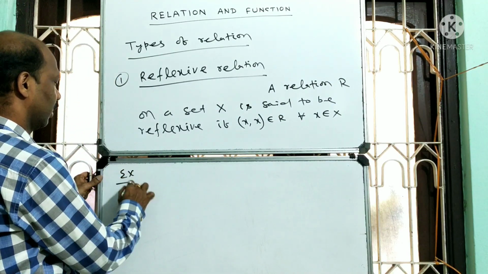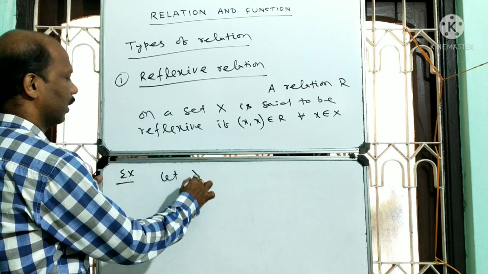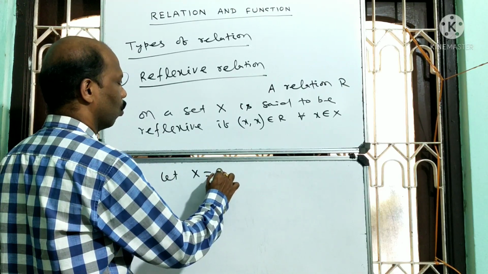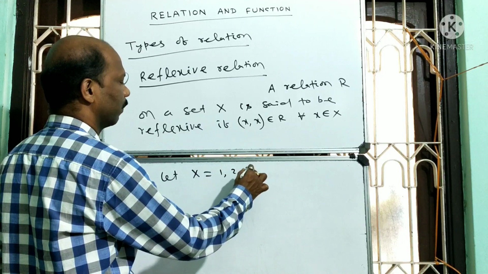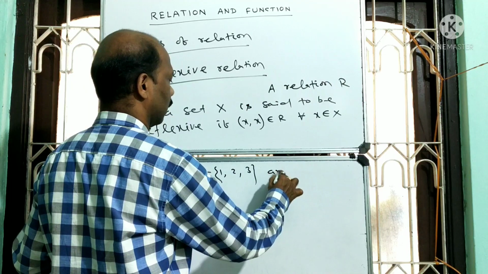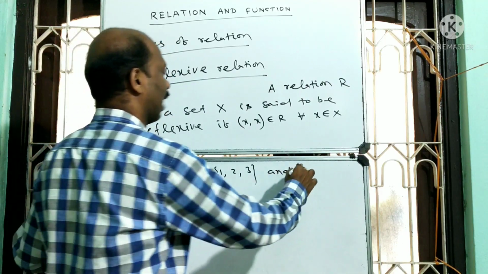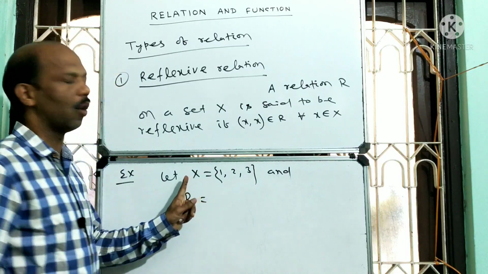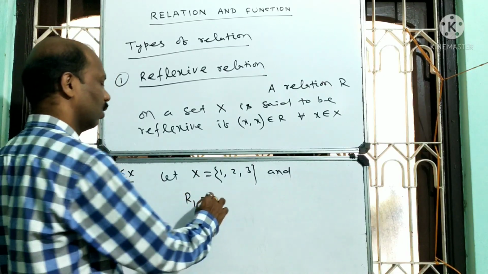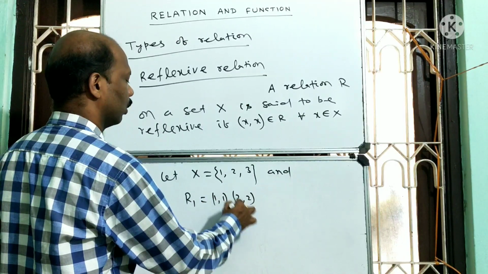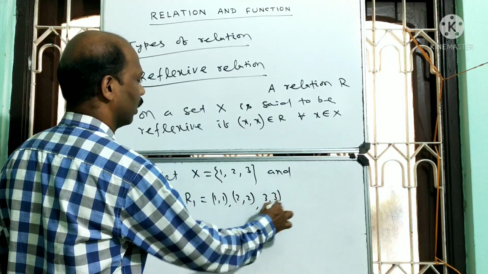Example, let X is equal to {1, 2, 3} and R1 is a relation on X defined by (1, 1), (2, 2), (3, 3).